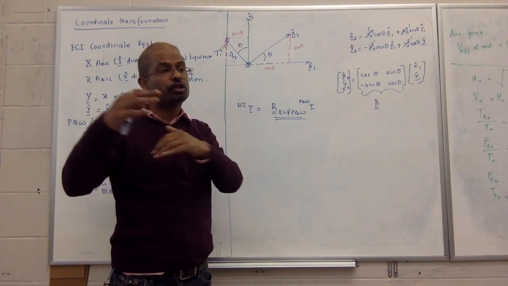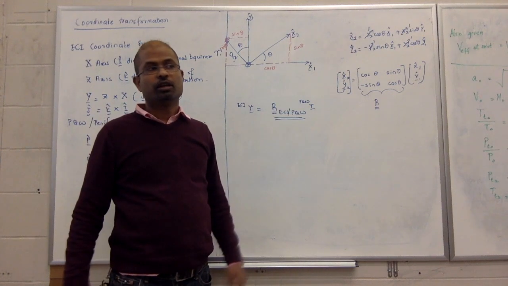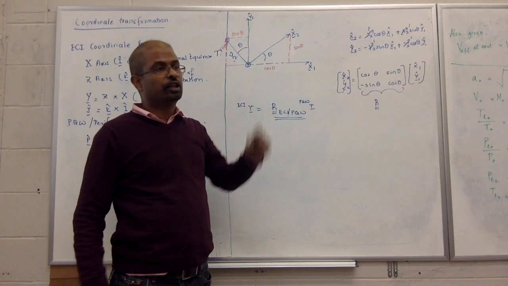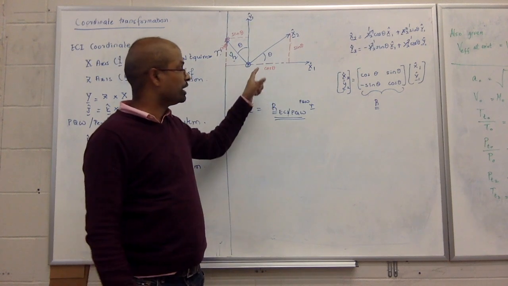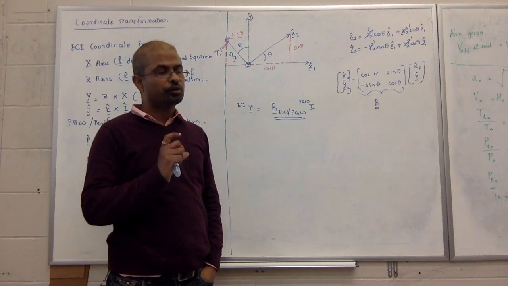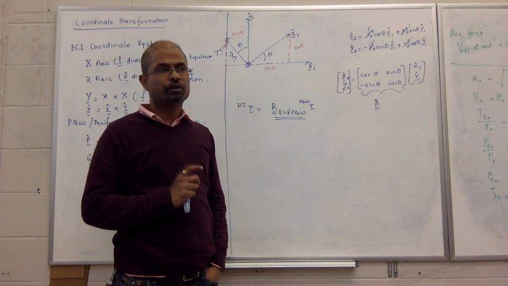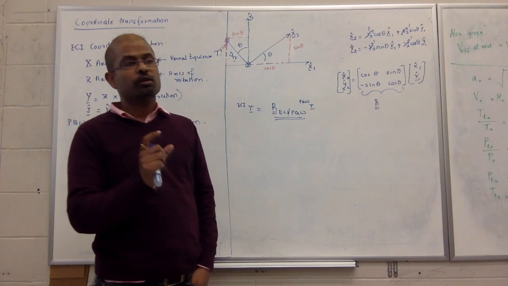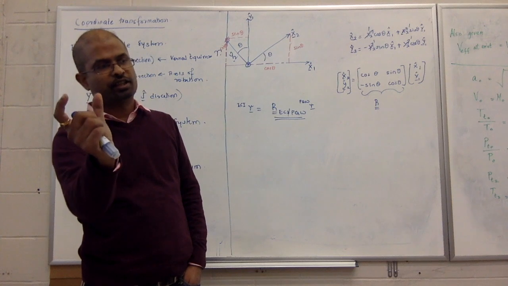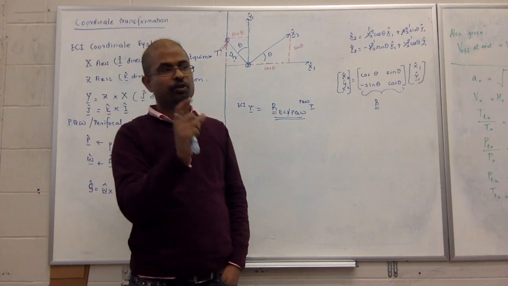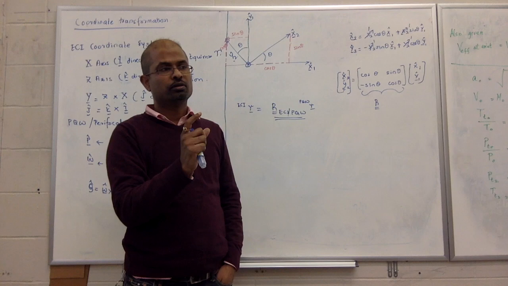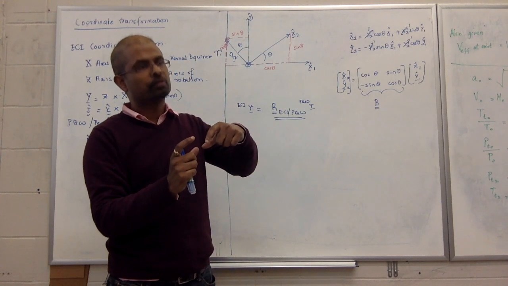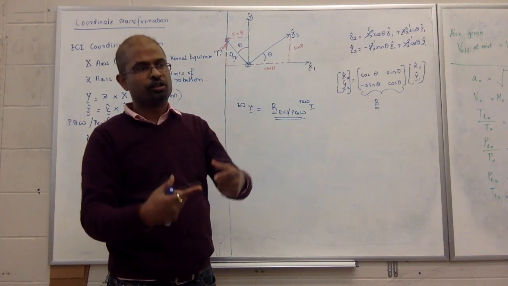If you were talking about distances, R is a distance, or R is a position vector. So we define the bases as unit vectors. What is the magnitude of a unit vector? 1. So you can say R is so many units in the x direction. The base unit of x is 1, so R is so many x's means so many units.